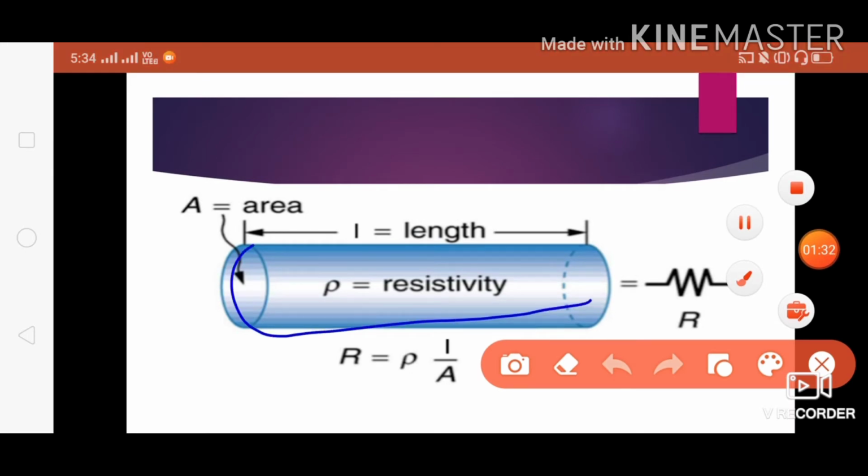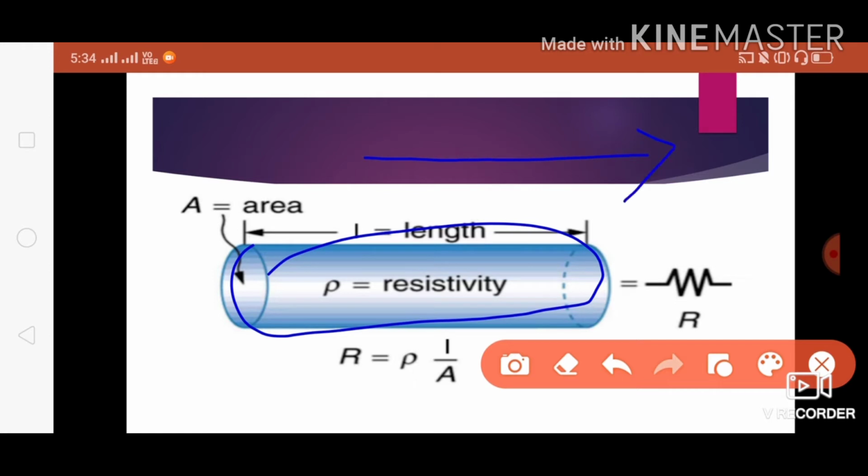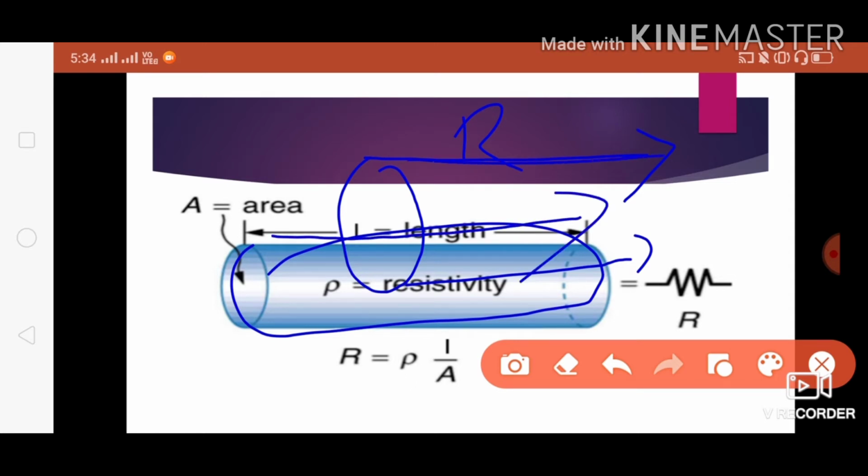Imagine a conductor. As the length of a conductor increases, it offers more resistance. As the width of the conductor increases, the resistance of that conductor reduces, because the current can flow very easily. That is the meaning.